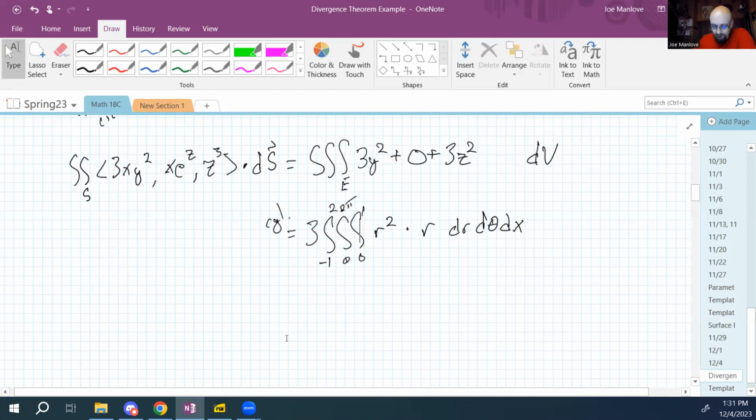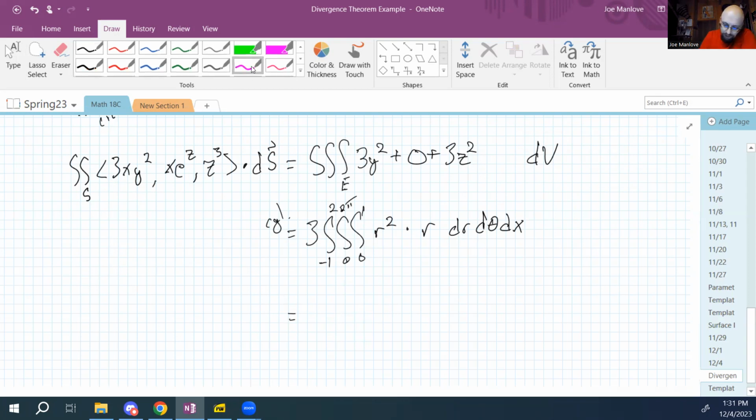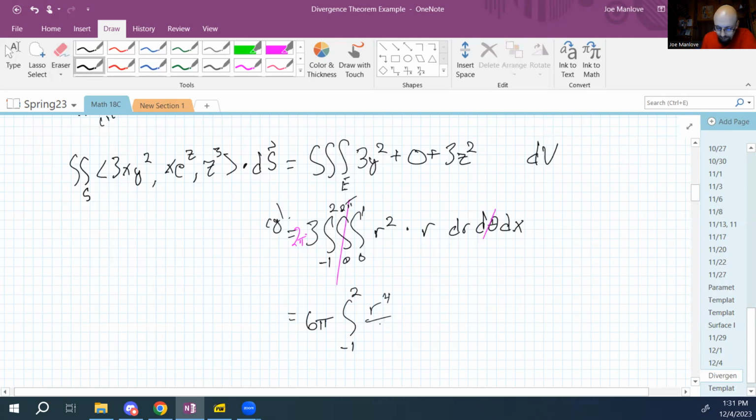Okay, so good news. Some of this is pretty easy. The theta one is just going to toss a 2 pi. So we're just going to pull that guy out of there, and we're going to put a times 2 pi out front. So I'm going to get a 6 pi integrating from -1 to 2. That is an r cubed, so I'm going to get an r to the 4th over 4, evaluated from 0 to 1, and a dx.